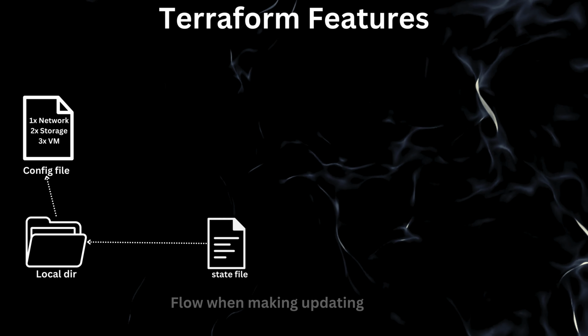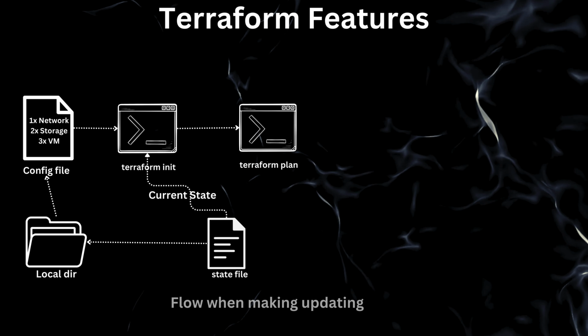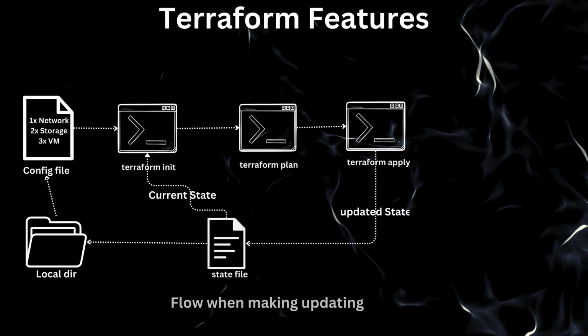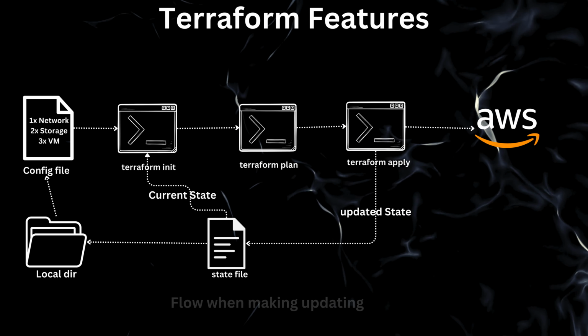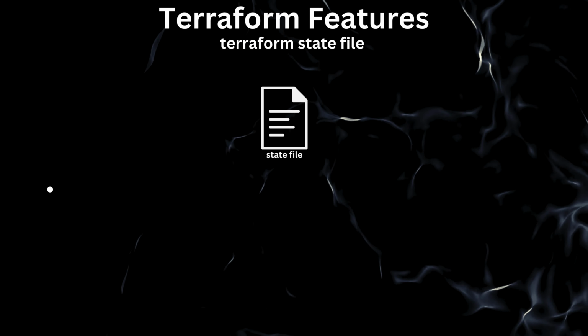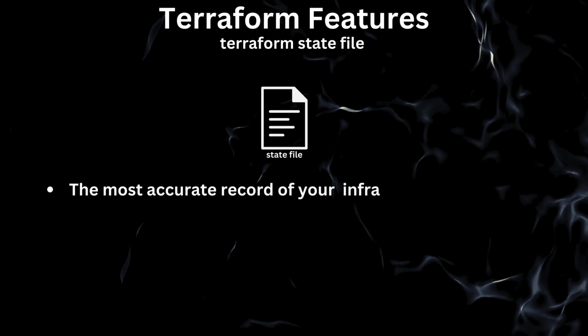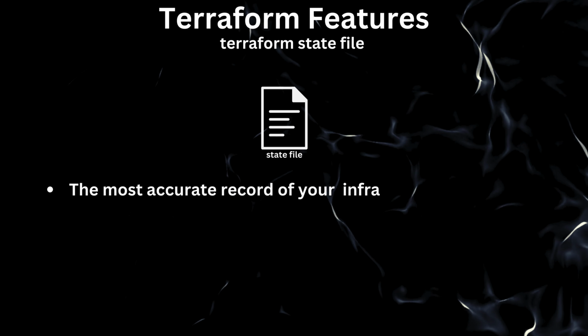It also keeps things organized. When you change your infrastructure, Terraform updates the state file so it stays up to date. This is the source of truth for Terraform. The state file is the most accurate record of what's in your infrastructure.